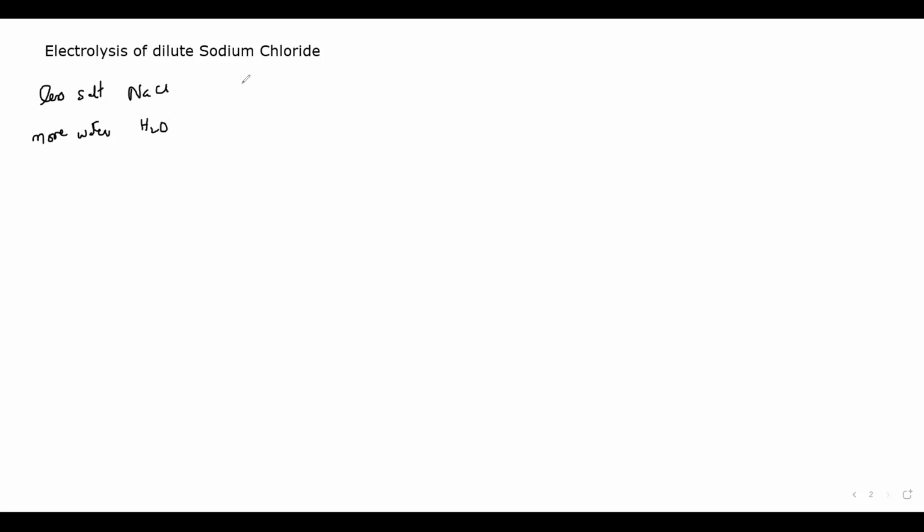So what are the ions present? It contains sodium ion, chloride ion, and it contains H ion and OH ion. So these are the ions present in the solution. Now we are doing electrolysis, like we are passing the current. And what is the rule?